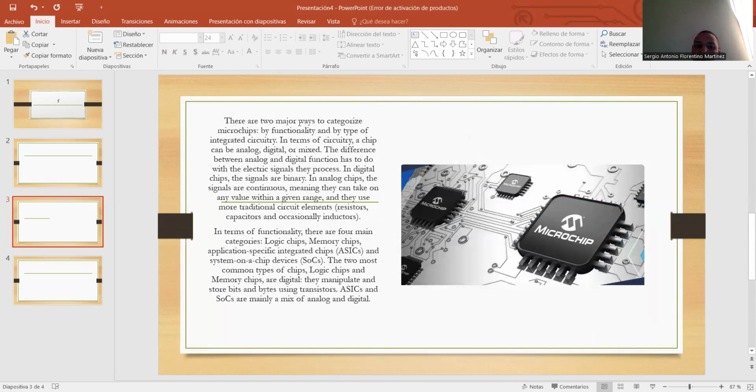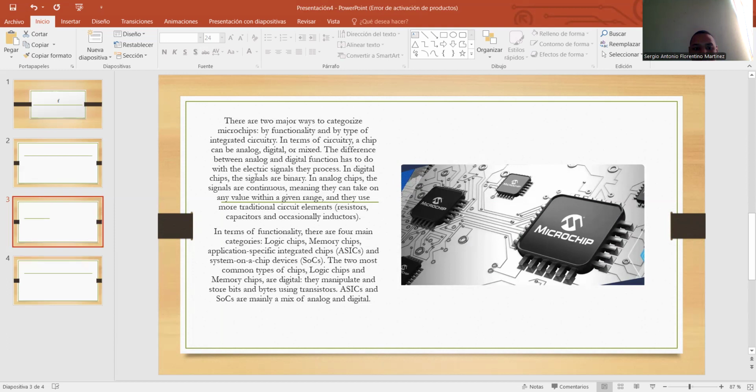there are two major ways to categorize the microchip: by functionality and by type of integrated circuit. In terms of the circuit, a chip can be analog, digital, or mixed. The difference between analog and digital has to do with the electronic signal that they process.